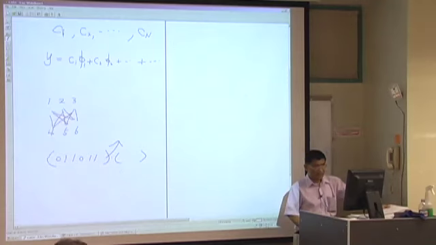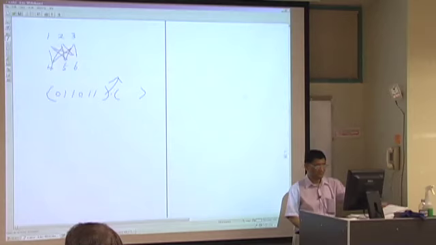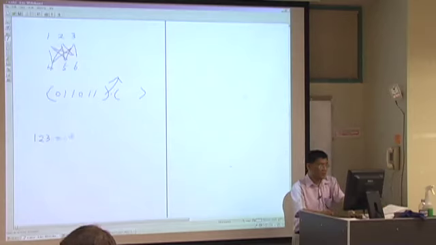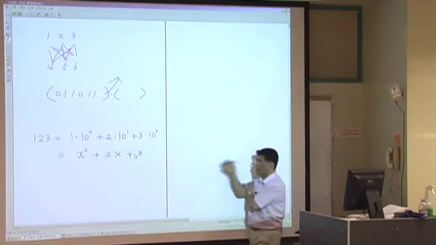Then let's consider this direction. 123 is nothing but 1 times 10 to the power of 2, and then 2 times 10 to the power of 1, and then 3 times 10 to the power of 0. So it can be written this way: 1 times x squared, 2 times x, and then 3 times 1. So this is the case.